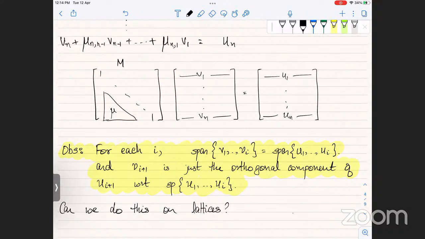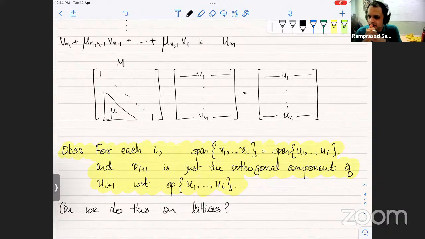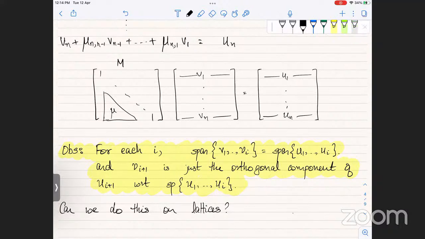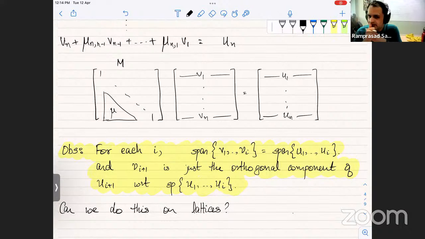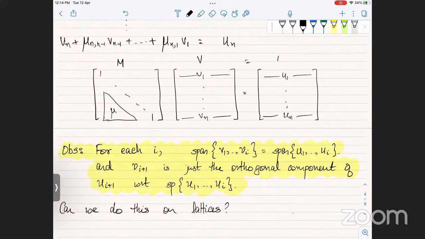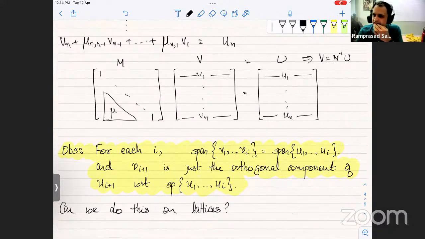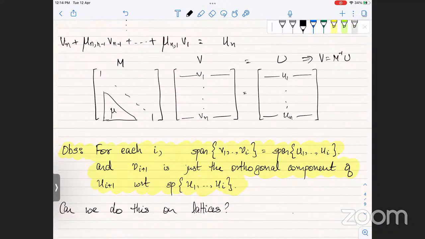Sorry, what do you mean? So M V equals U, so we can write V equals M inverse U. And now I am trying to apply the inverse again and again, on both sides, M inverse.